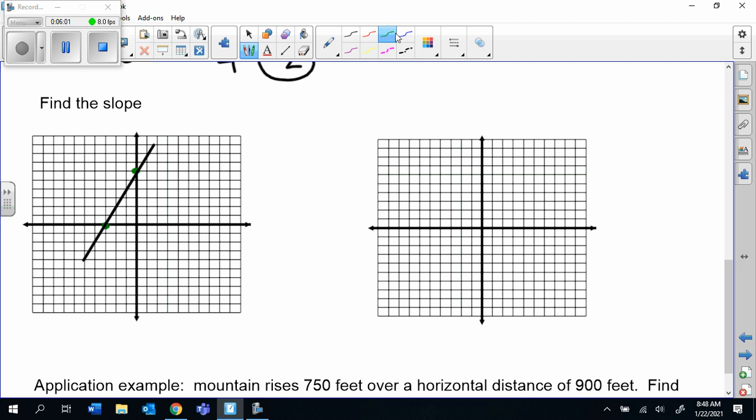The reason it's called rise over run is that you can count out the up and down. The rise refers to whether it's going up or down, and the run is referring to whether it's going right or left.